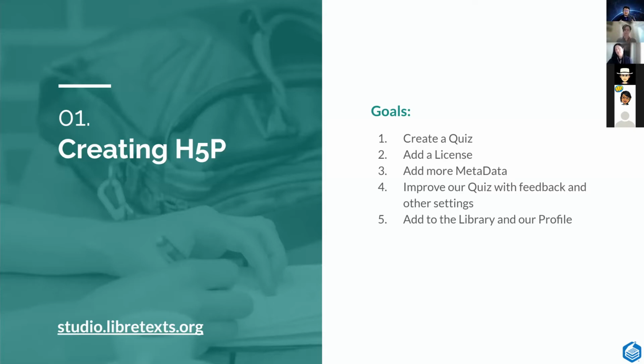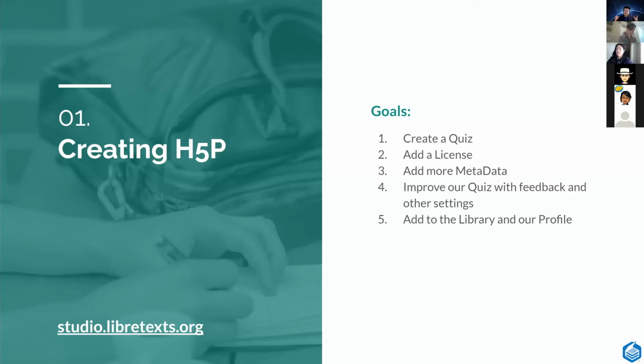If you're not familiar with OER, one of the most important parts of creating open content or open educational resources is adding a license to it, so it makes it easier for other people to use. We'll also add some more metadata, including the subject, some tags, and so on, so we can easily make our content discoverable.